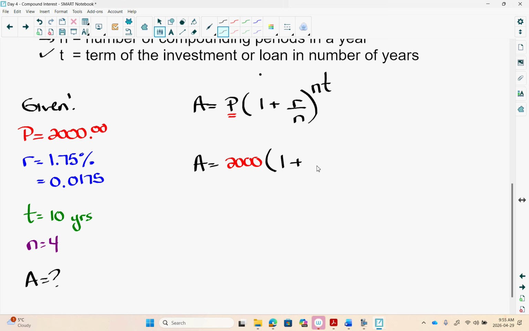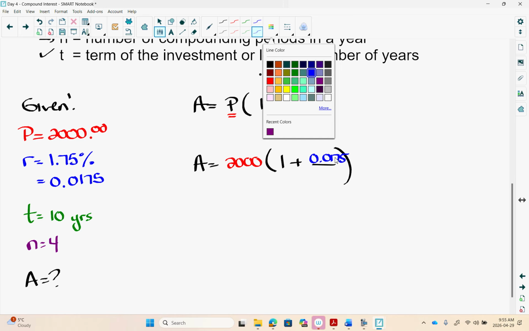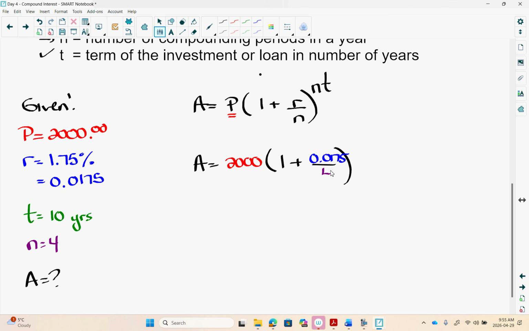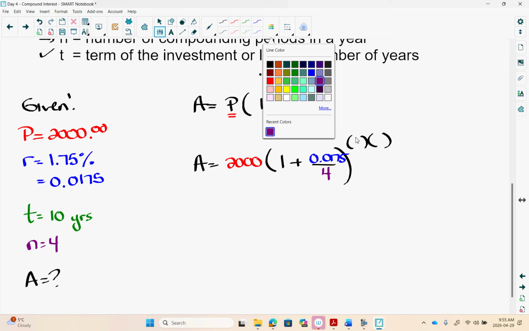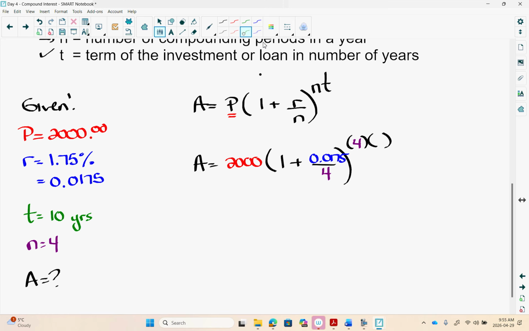What should I fill in for the R value? The decimal, 0.0175. What should I fill in for the N value? 4. And then up here, I'm going to have that same number 4. N would go here. And what would I multiply it by? 10.